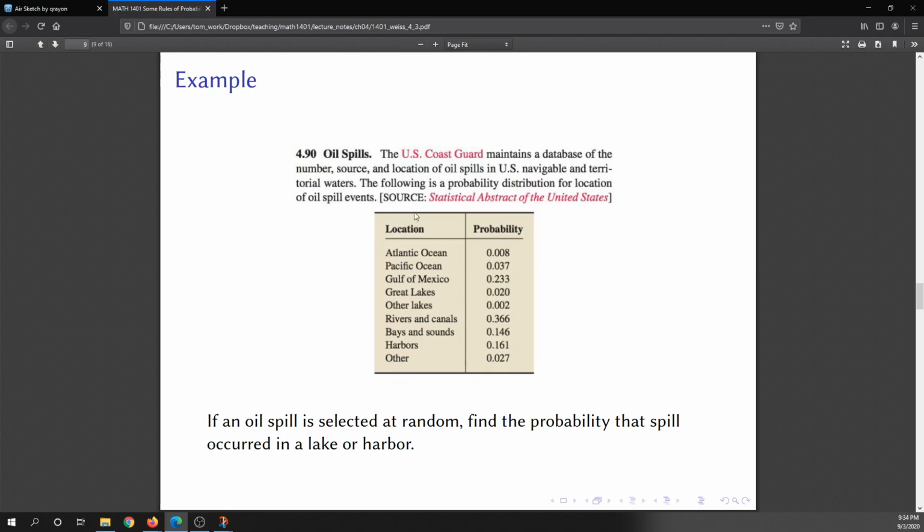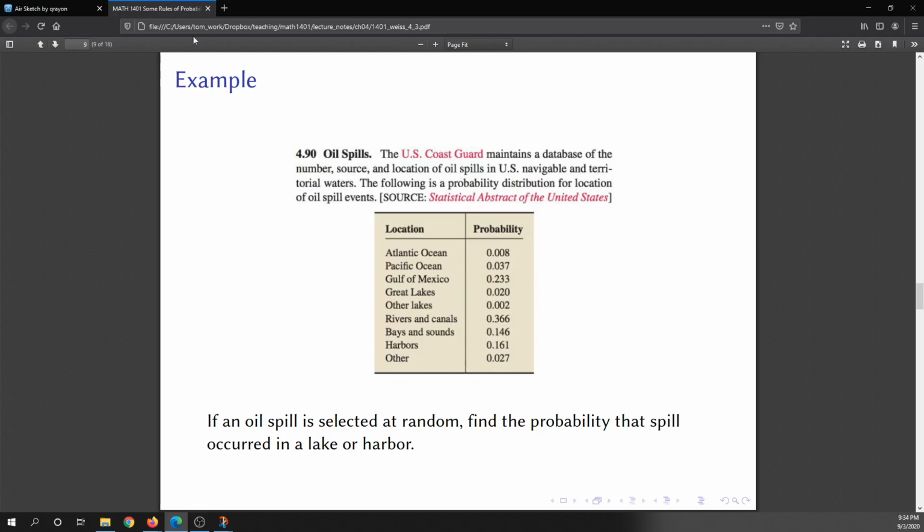Okay. And so here, right, I can see that there are some lakes, the Great Lakes, right? Other lakes. And here are harbors, right? Okay.